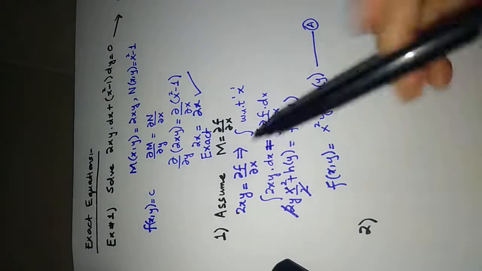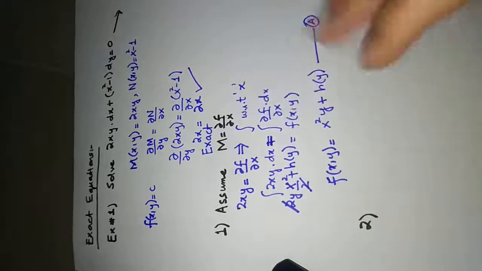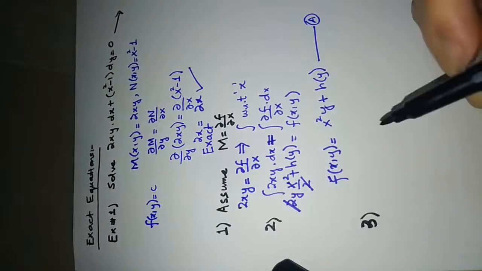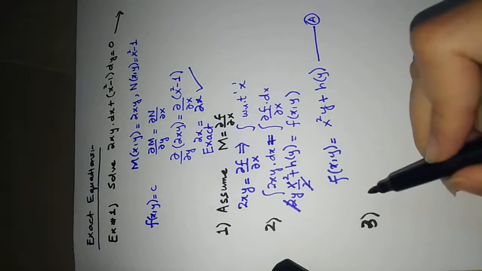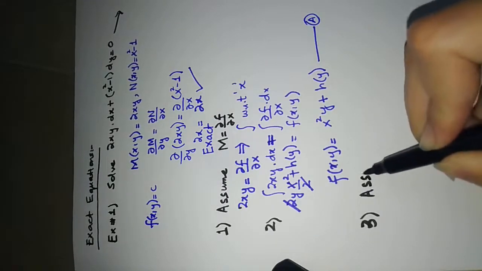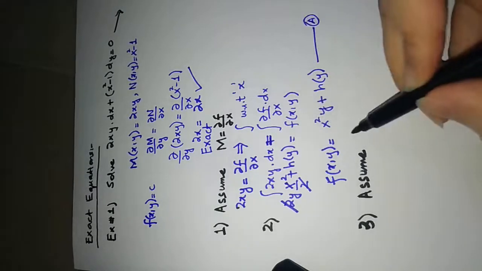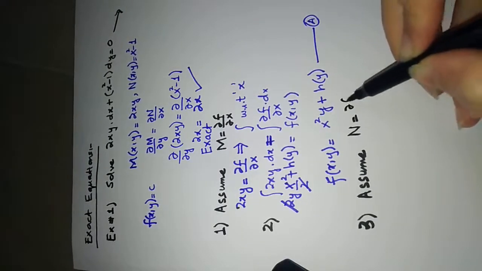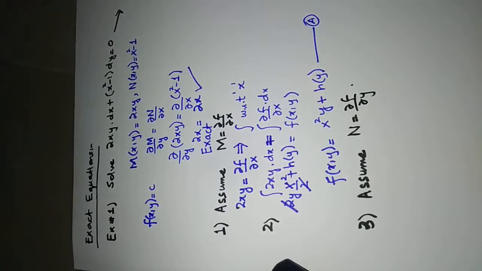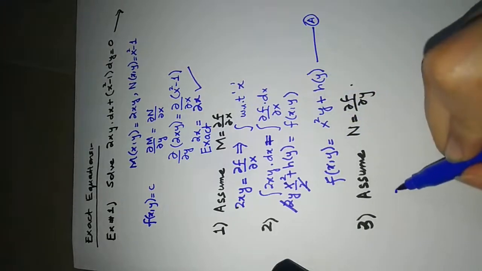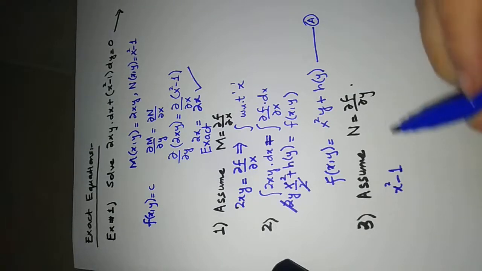The integration was the second step, and the third step is to assume that we relate M with N. So assume that N is equal to partial f by partial y. You replace only the function f(x,y). Here N is a specific function, not a general function, that is x² minus 1.